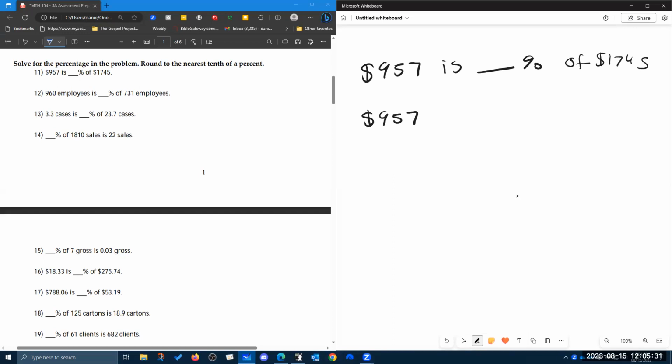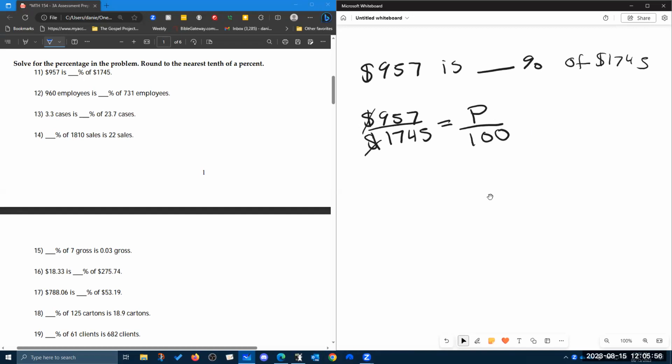And the question word is the percentage. So P is my unknown. And the word closest to of is 1745. The units here are like and will cancel.